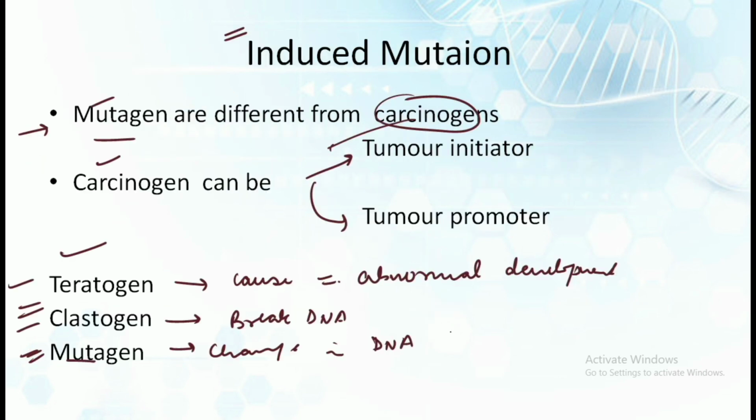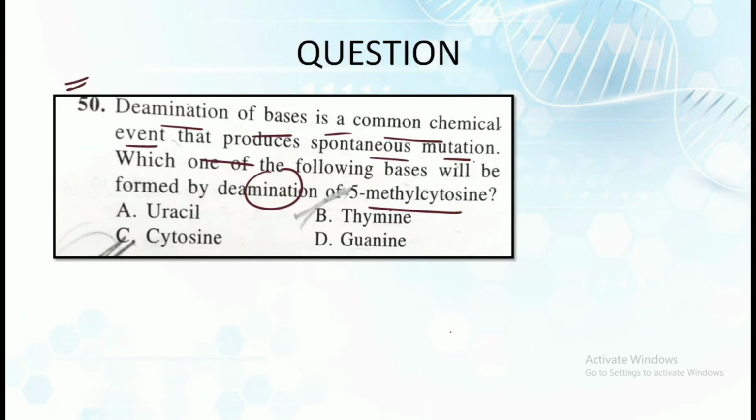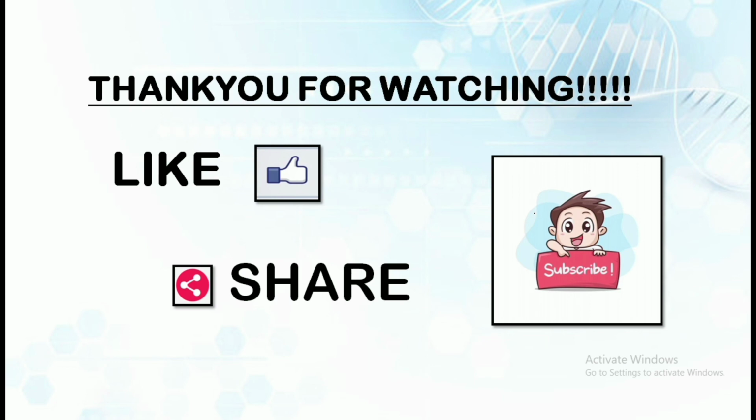So if we remember this table, we could easily find out that B is the correct answer for this question. You can see this is a very direct 2-marker question and you can easily fetch 2 marks from it. So with this, we're done with the complete topic and one previous year question also.